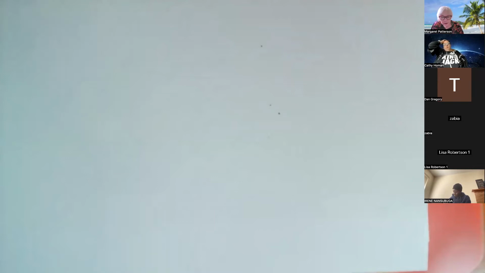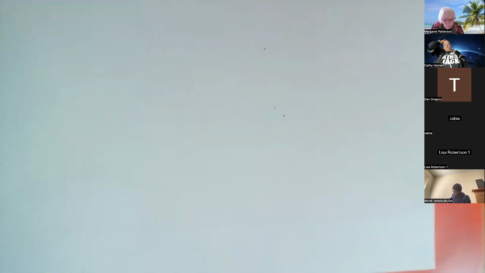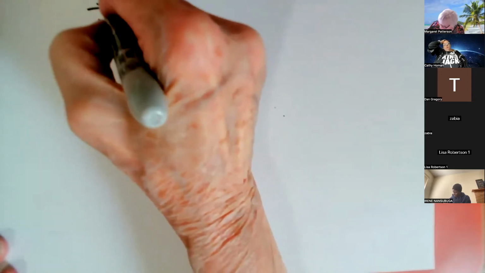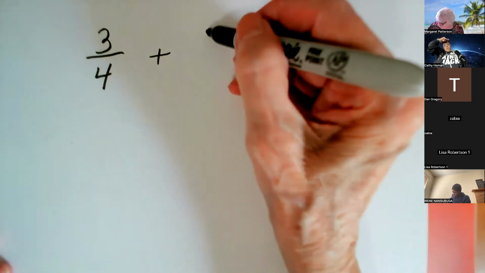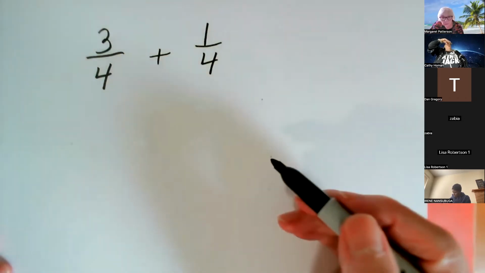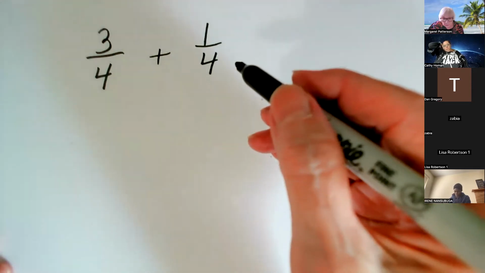I have another question too. Okay, let's see if we can do that, and then I'm going to go over to the review. Go ahead. Okay, 3/4 plus 1/4, hyphen 1/3.